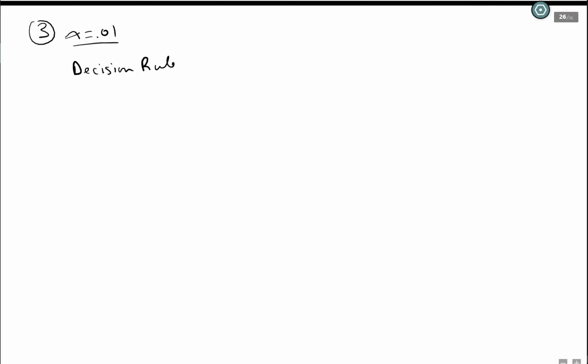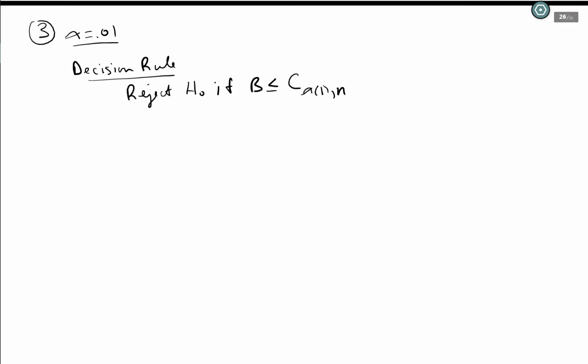That's why we use this B as our test statistic here. Okay, moving along, I'm going to move to step 3. Step 3, the significance level alpha was specified to be 0.01, and the decision rule is going to be, we're dealing with a left tail test here, so we're going to reject H naught and accept the alternative if B is small, in the sense it's smaller than this C value, C sub alpha 1 comma n, and that C value is a percentile from the binomial distribution.